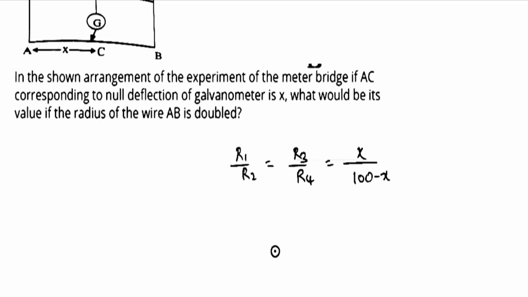If the radius of the wire is doubled, then the resistance of AC will change, and the resistance of CB will also change. But since the R1 divided by R2 value doesn't change, R3 divided by R4 should also not change at the null point.